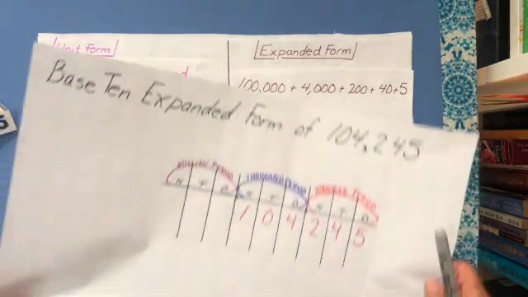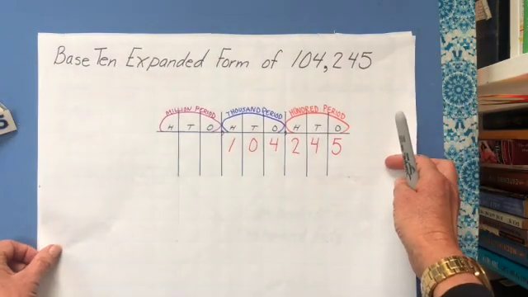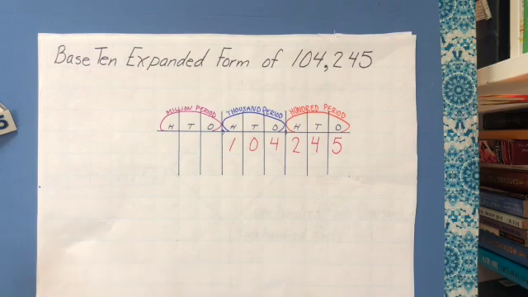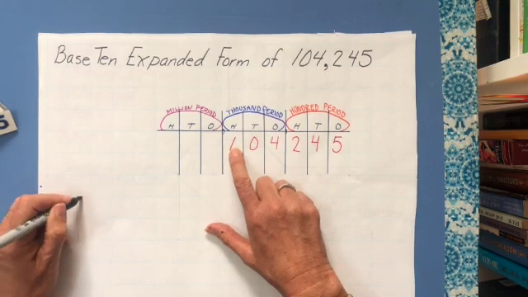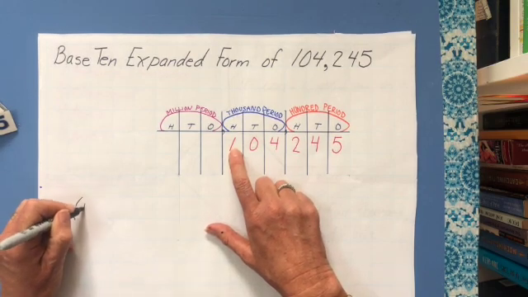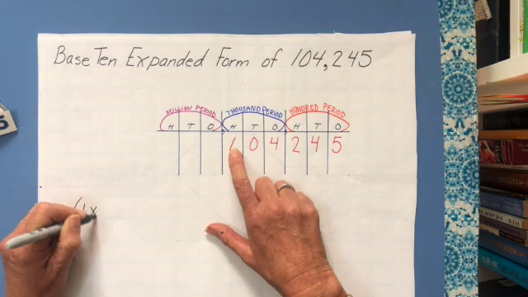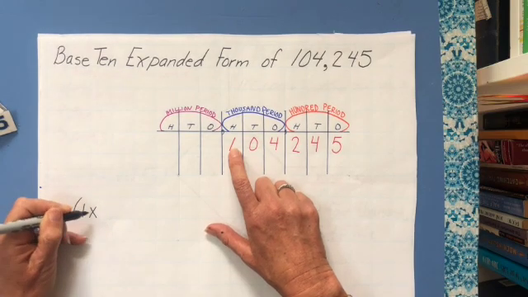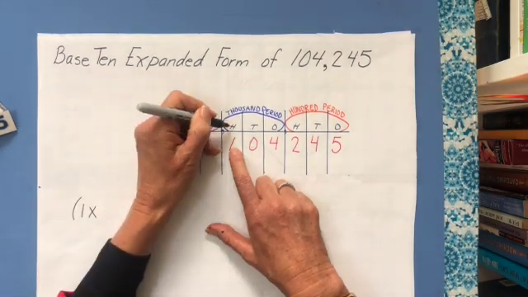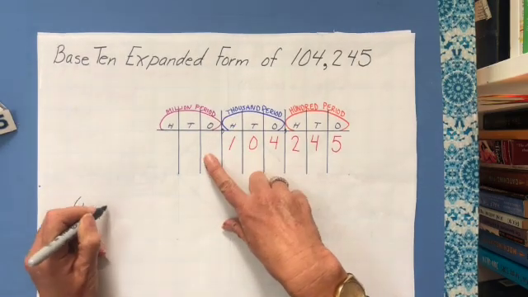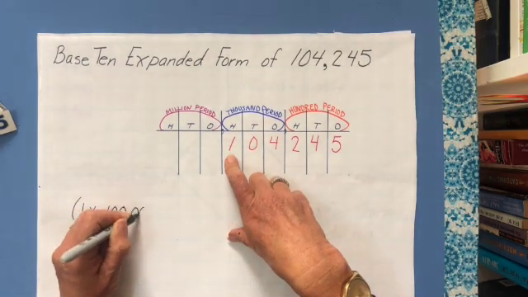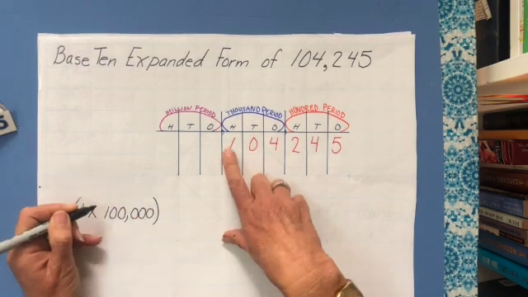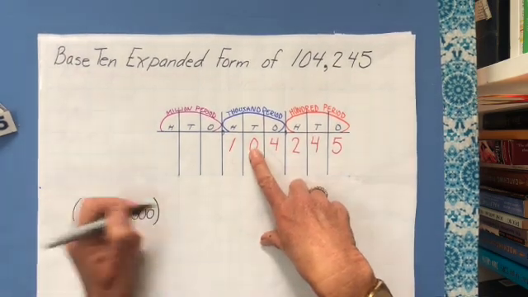Next is base 10. So base 10, you're going to be using parentheses. So what I'm going to do is take this 1 and put it in a parenthesis. And then I'm going to write times, which means of. So this was one group of the 100,000s place. So I'm going to put one group of 100,000. Then I'm going to do the next. This one's 0, so I don't need to deal with that one.